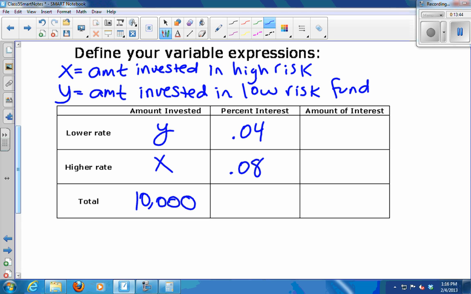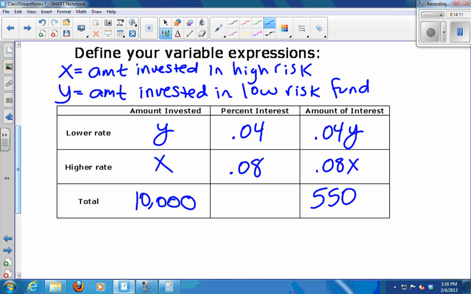So the amount of interest I'm going to earn, whole times percent equals part, right? So I'm going to earn 4% of Y and 8% of X. And how much interest am I going to earn on my total? What do I want to earn? $550.